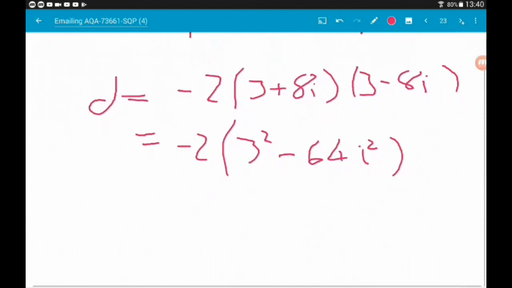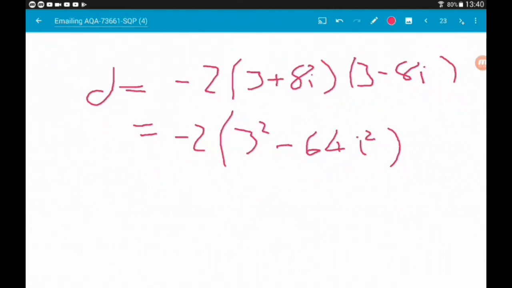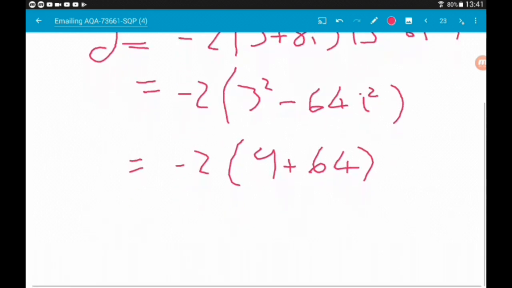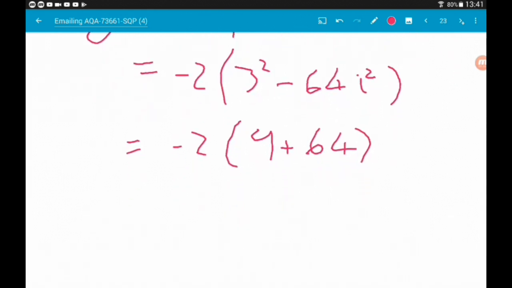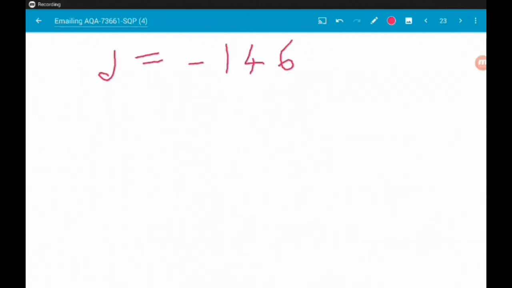Now 3 squared is 9, so minus 2 lots of 9. Now i squared is minus 1, so minus 64 times minus 1 is positive 64. So we've got minus 2 times 73, which gives us d is equal to minus 146.